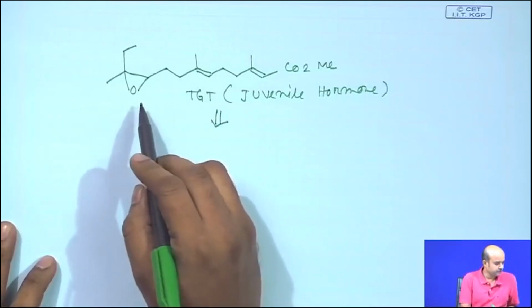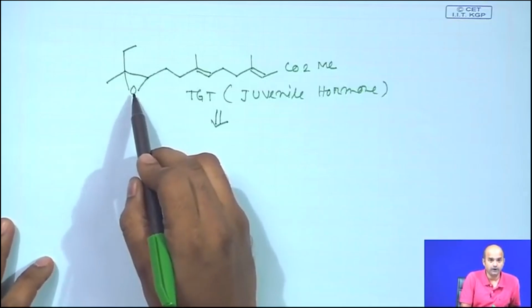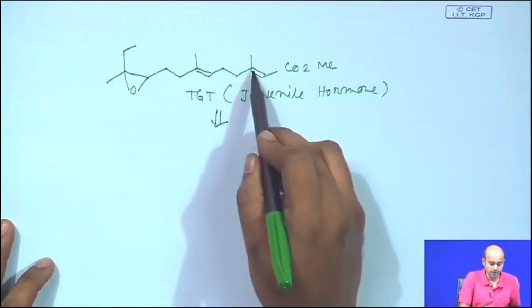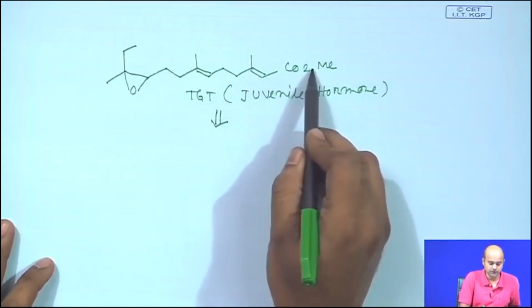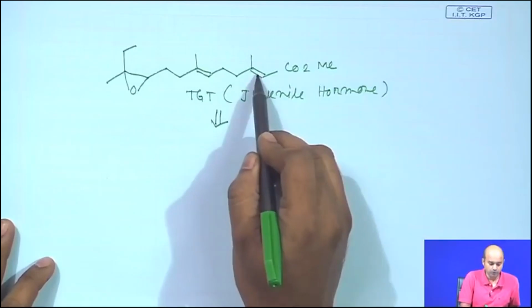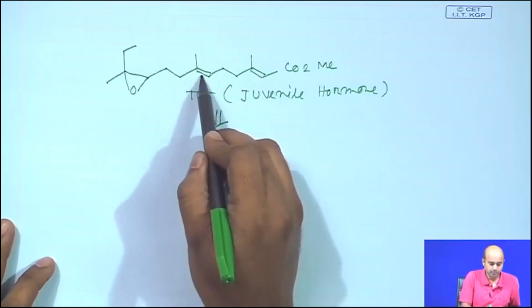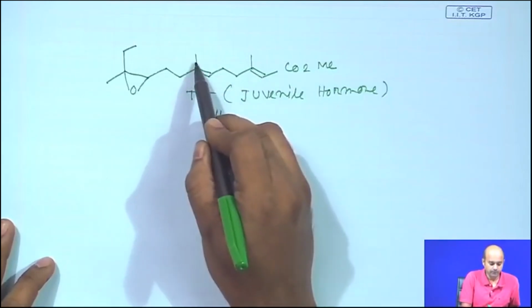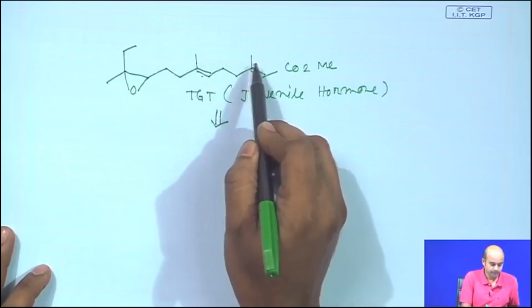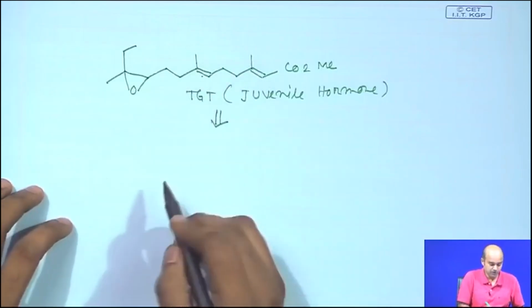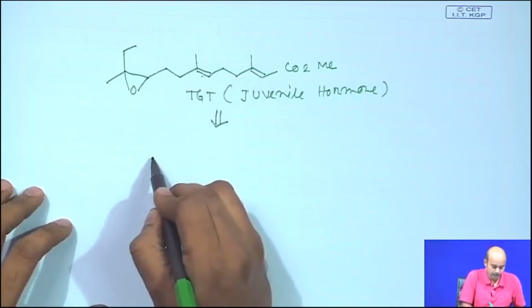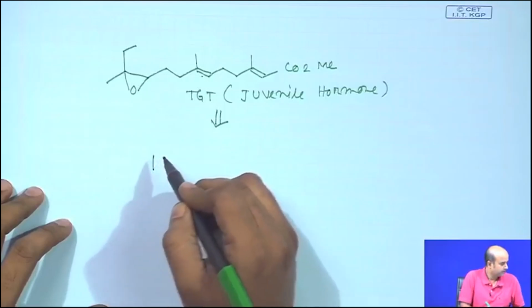This molecule, if you see the structure, has an epoxide at one end, and at the other end an alpha beta unsaturated ester. In between, the molecule has one pi bond here, and there is a methyl, this is a methyl. So, this is the structure. Now do a standard retro.